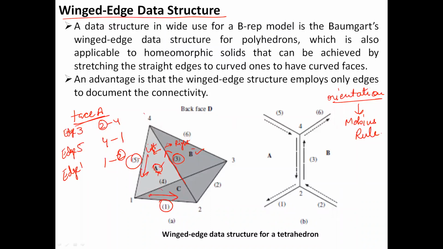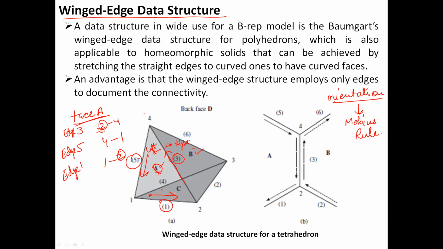Now for the loop to close, if this is the first vertex of the first edge, then it has to be the last vertex of the last edge. So see, 2 to 4, 4 to 1, and 1 to 2. The first vertex of the first edge is equal to the last vertex of the last edge. Hence the loop is complete.